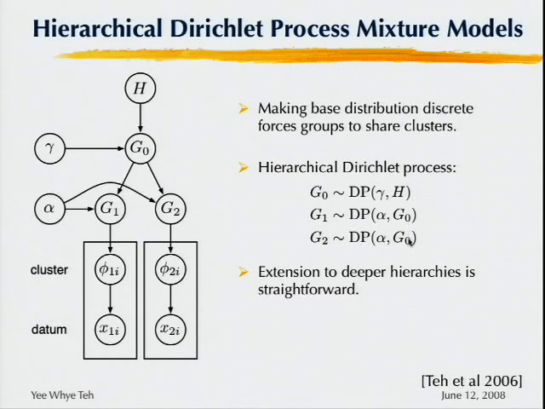And we again place a Dirichlet process on top of G0. Okay. And because G0 is a draw from a Dirichlet process, and we know draws from a Dirichlet process are discrete distributions, the atoms in G1 and G2 will be precisely the set of atoms in G0. Okay. And that's how clusters are shared across the two groups.